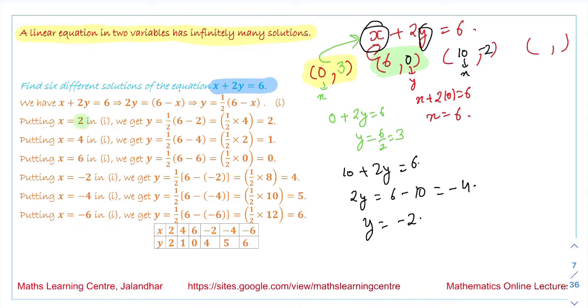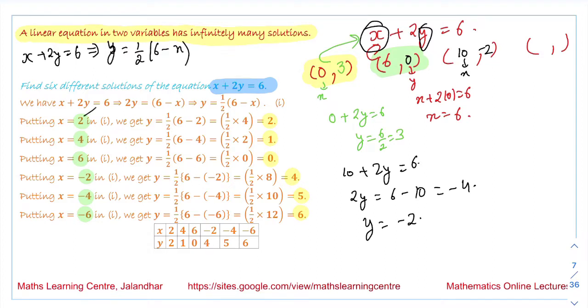We have shown over here, you can put 2, 4, 6, minus 2, minus 4, minus 6, and corresponding to these values you are getting the values of y as 2, 1, 0, 4, 5 and 6. The procedure is the same. How we have solved over here, we have just calculated the value of y. We are saying it is x plus 2y equal to 6. So y is equal to 1 by 2 into 6 minus x.